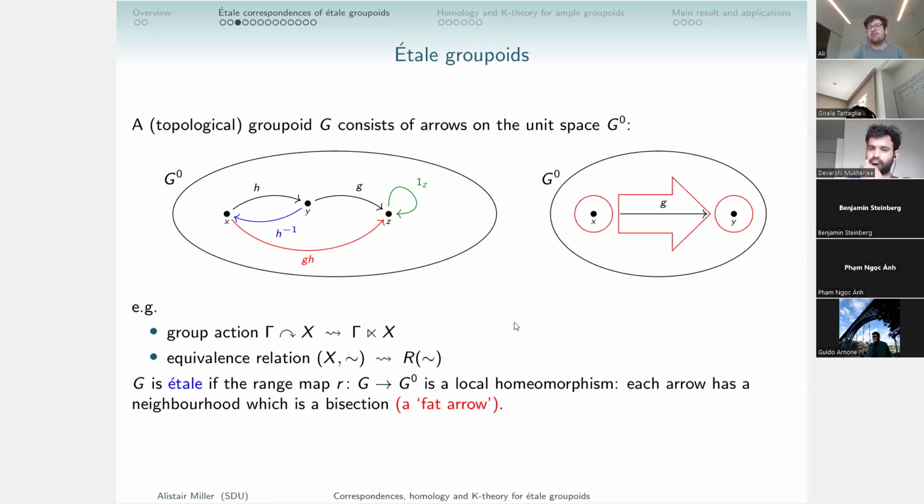And it means that every arrow fits inside what's called a bisection. So rather than having to work with these spindly little arrows G, I can fit everything inside a big fat arrow called a bisection, and that's going to move some neighborhood of X to some neighborhood of Y. And I can think about the dynamics that way.